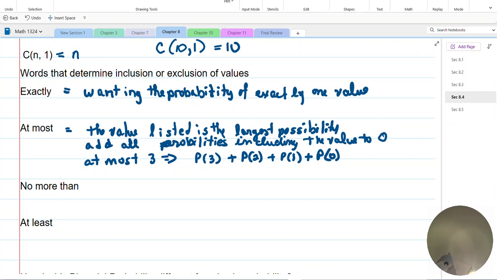No more than. No more than means the same thing as at most.